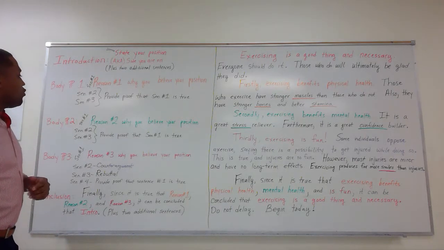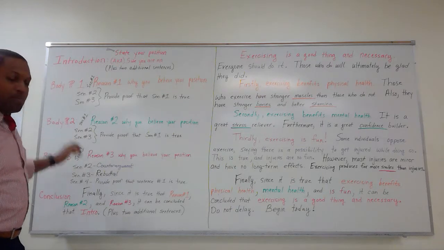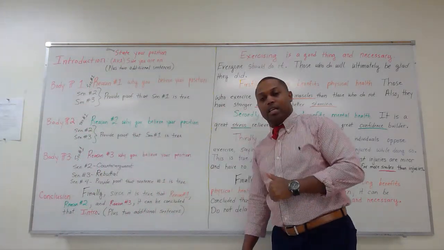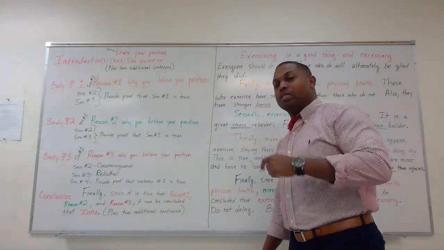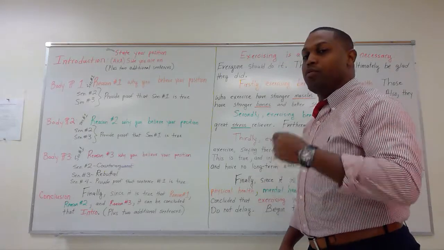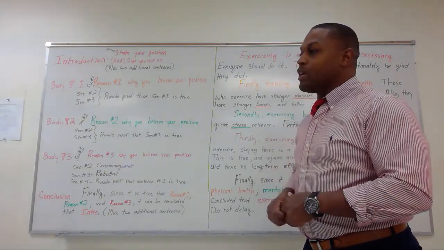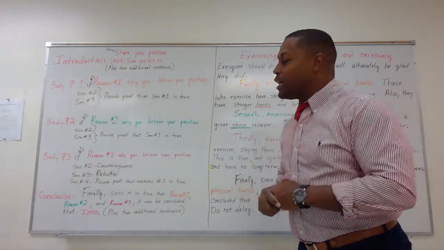So as you can see, body paragraph 1 and body paragraph 2 are exactly the same. First sentence: give me a reason why you believe what you said in your intro. Sentence number 2, provide proof that your first sentence of that paragraph is true. Sentence number 3, provide more proof that your first sentence of that paragraph is true.